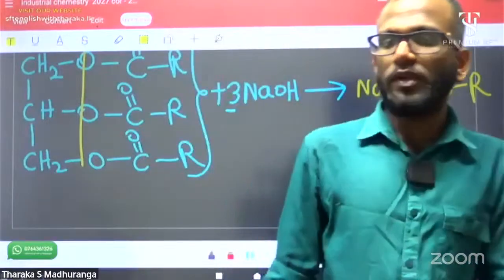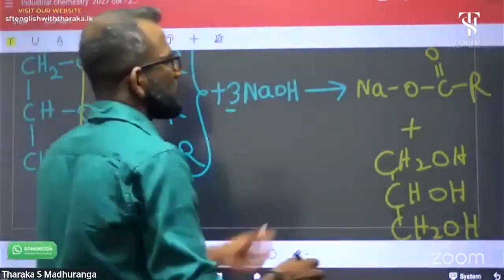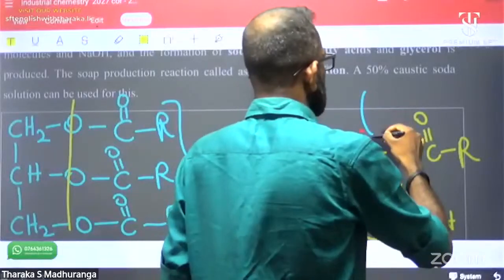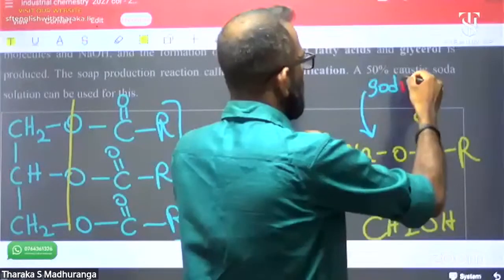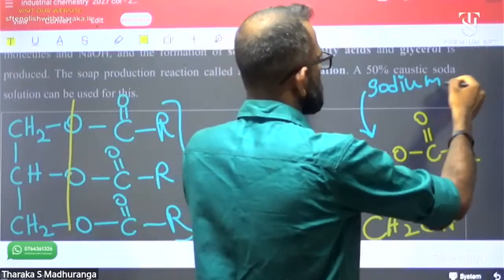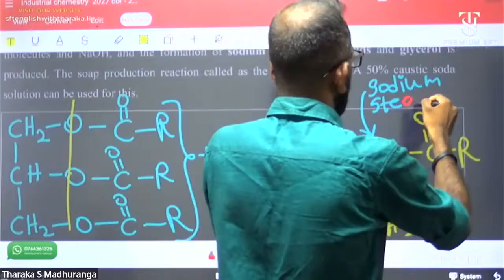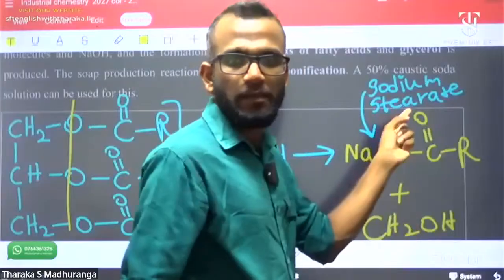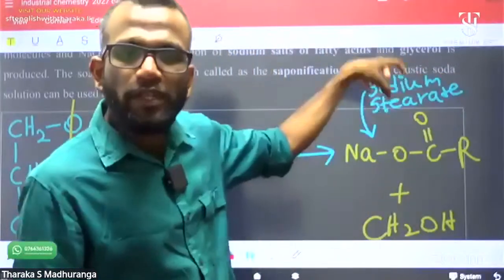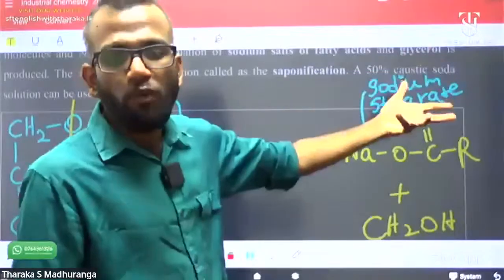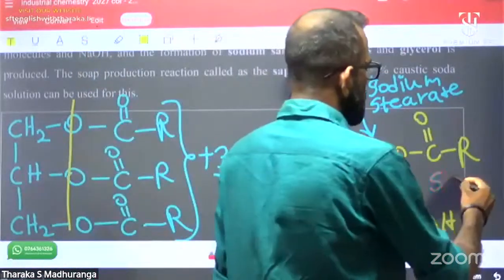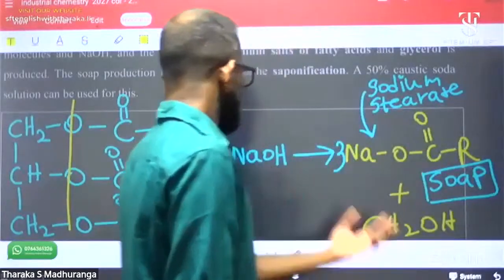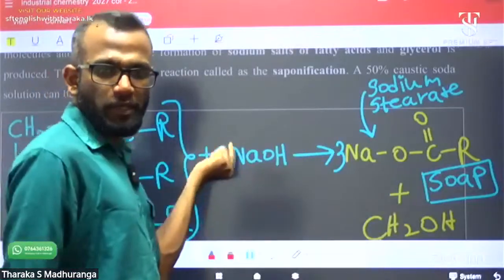So that's sodium stearate. It has another name, sodium salt of fatty acid. The same thing, sodium salt of fatty acid. That's the structure of soap. I think it's coming as three because there are three sodium molecules.